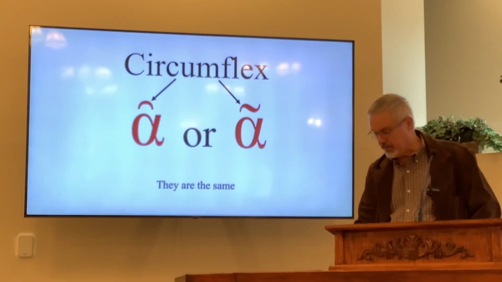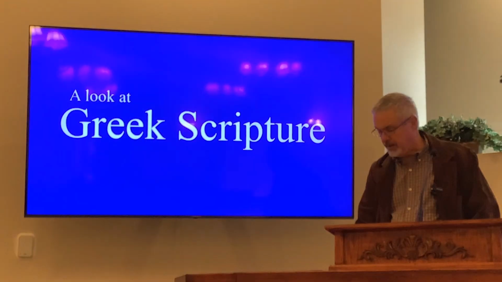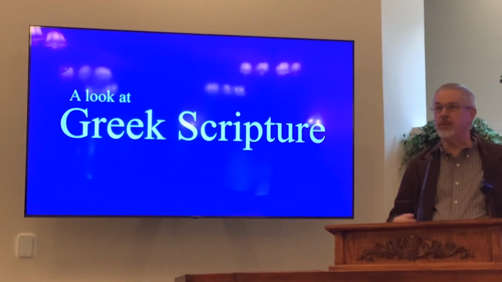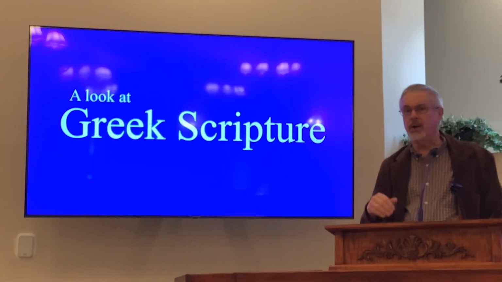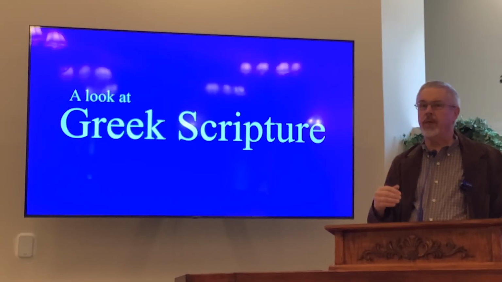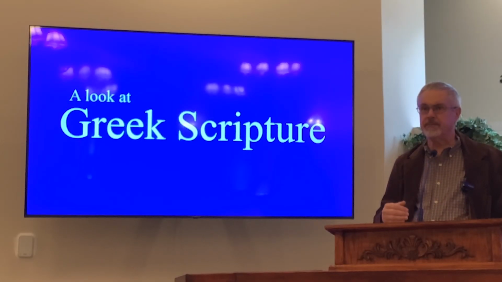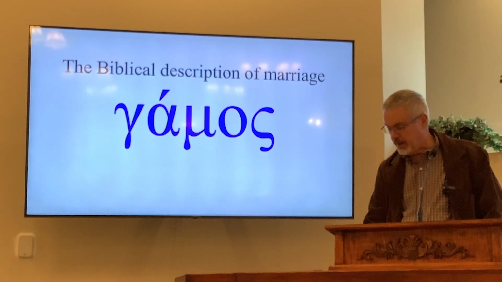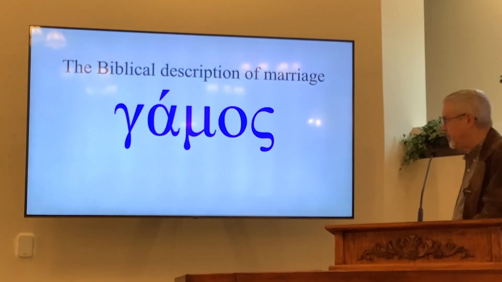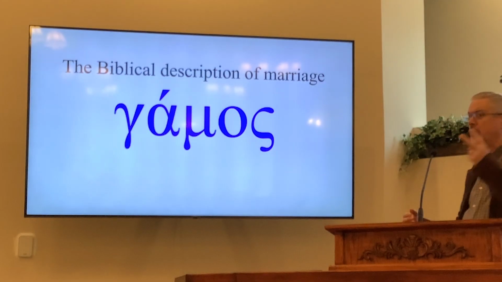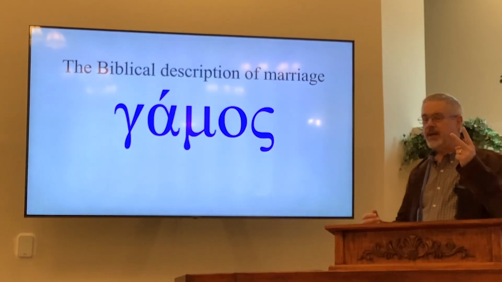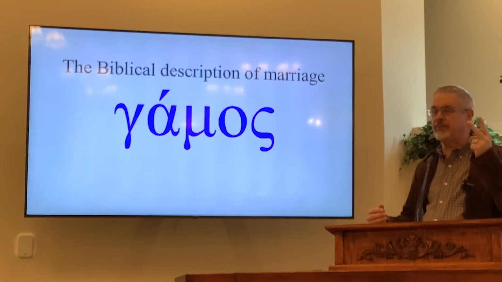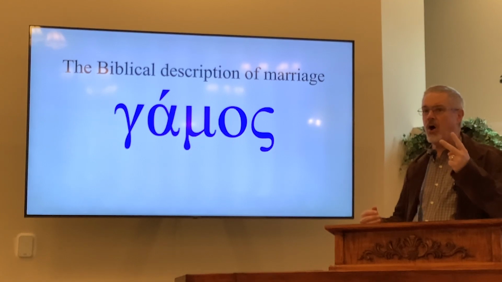Nothing different in them. Now we're going to take a quick look to show the power of what the biblical text is telling us. This is just a look at Greek scripture, and this is the biblical description of marriage. We're going to look at 2 verses in this and 2 different words to show you how different they are.